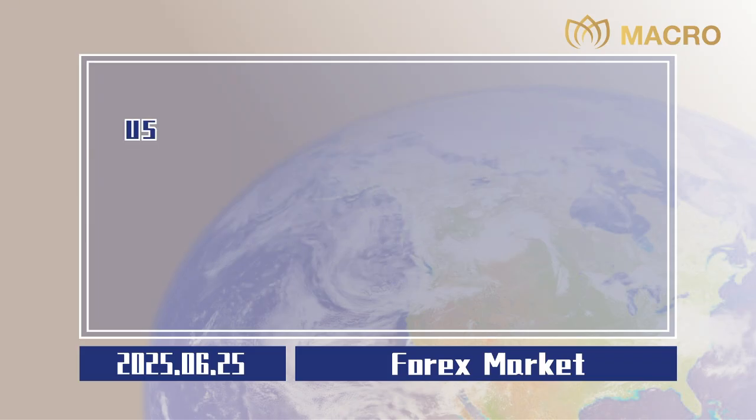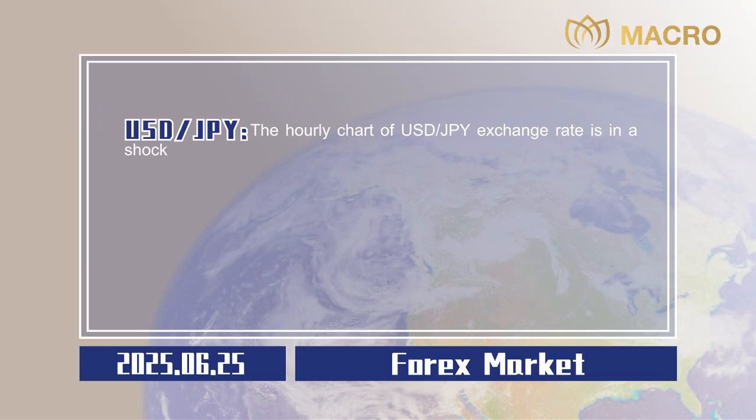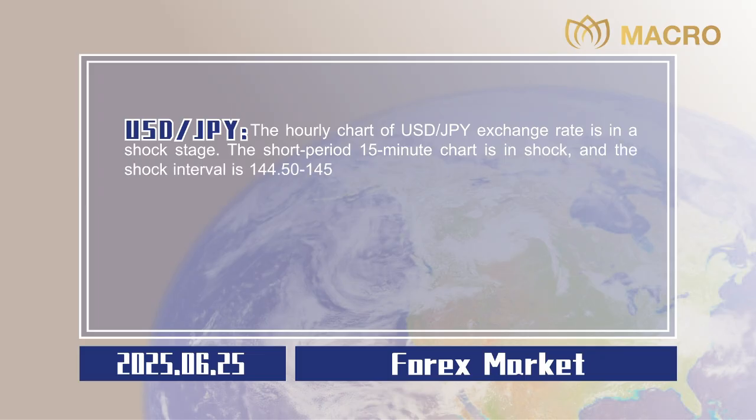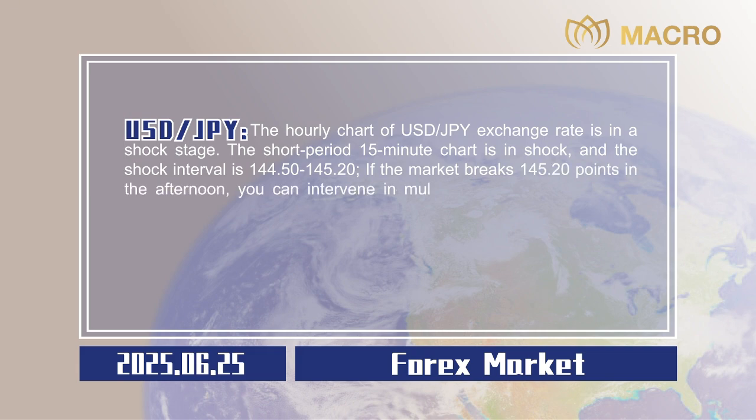0.0020. US dollar to Japanese yen. The hourly chart of US dollar to Japanese yen exchange rate is in a shock stage. The short period 15-minute chart is in shock, and the shock interval is 144.50 to 145.20. If the market breaks 145.20 points in the afternoon, you can intervene in multiple orders, and the upper target can be seen at 145.80 to 146.30.